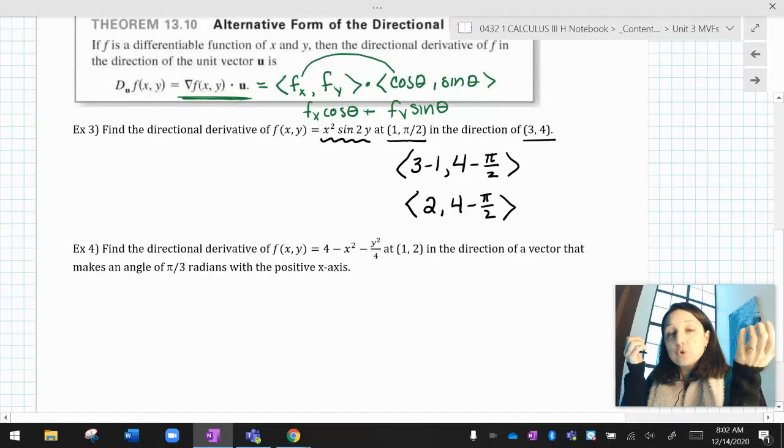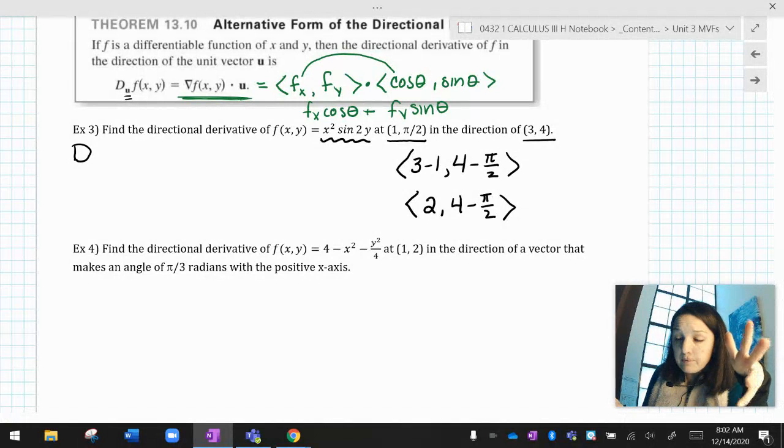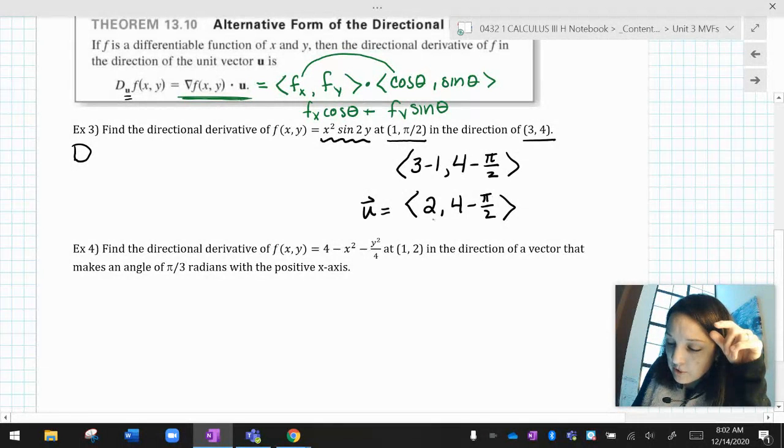Okay, so I'm heading in that direction, standing on this surface. And if I want the directional derivative, I want to go in the direction of a unit vector. Okay, wait, that's not a unit vector. I need to turn it into a unit vector. Well, if I want to turn that into a unit vector, I want to divide it by its magnitude. So my unit vector is going to be this thing divided by its own magnitude.